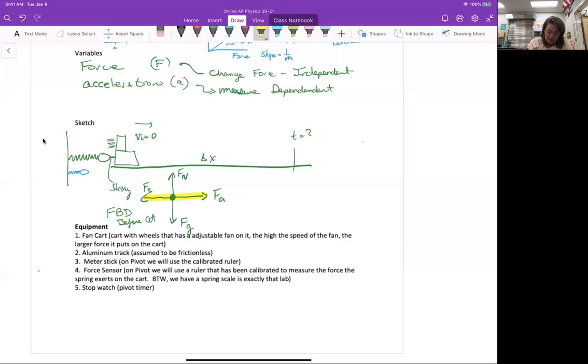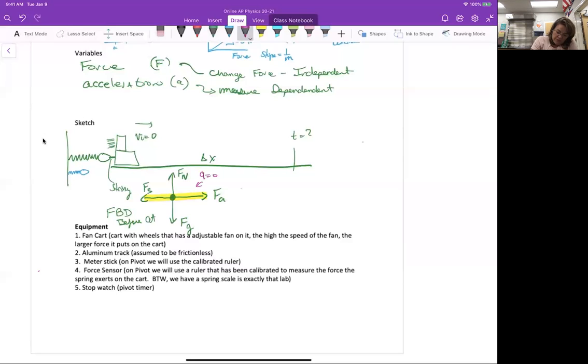It's pulling backwards, and its acceleration is 0 at that moment, right? Its acceleration is 0 right here, because why? Because the forces in the x direction are balanced. That force that the spring applies to that fan cart system is equal to the force applied by the fan.